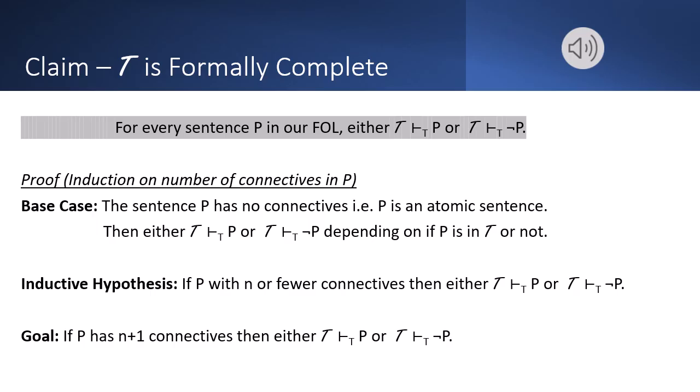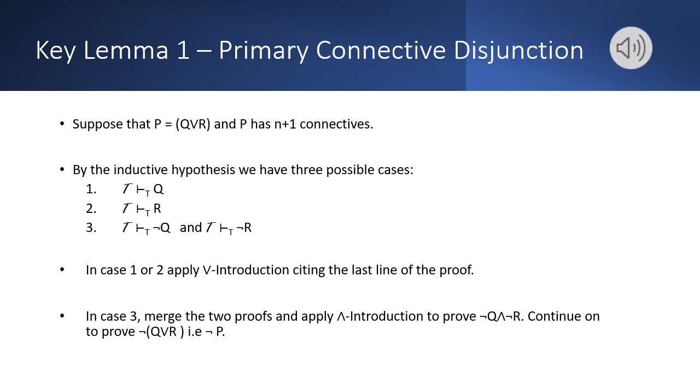So on the next slide, we'll talk a little bit about how we go through the inductive step. It's a nice key lemma, or it's called the key lemma in the textbook. In the textbook, this particular result is the content of the proof of lemma 5 in chapter 17, section 2.